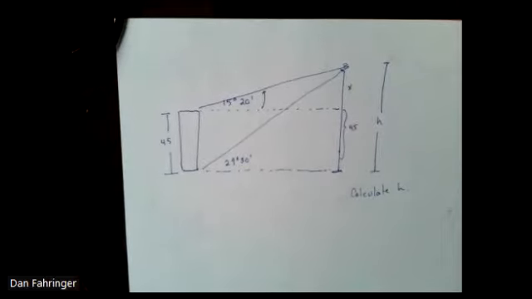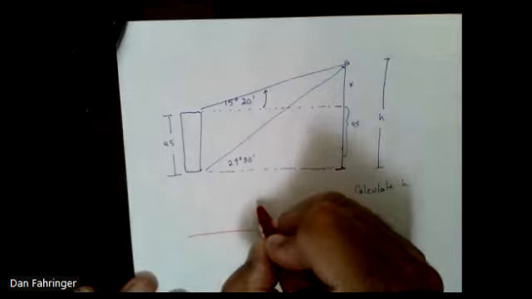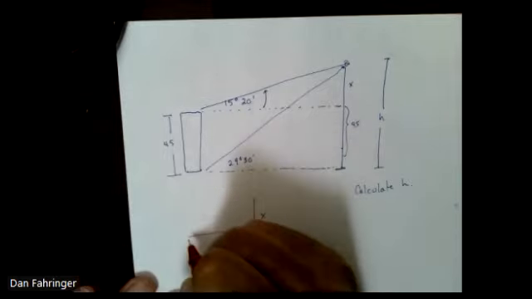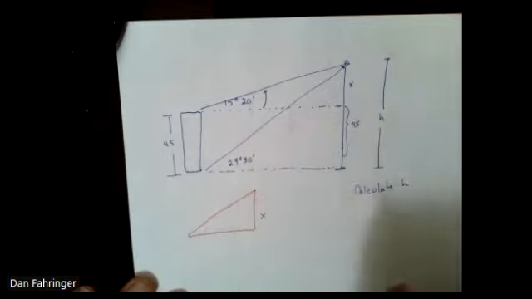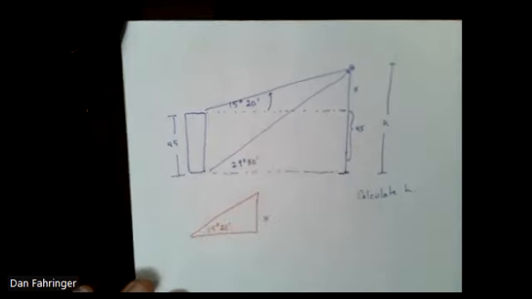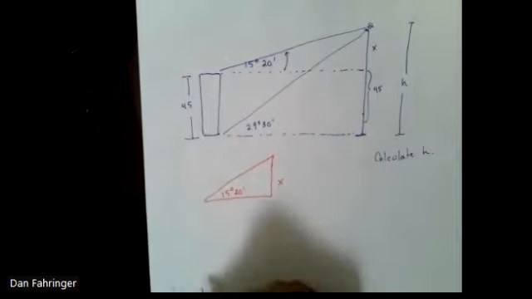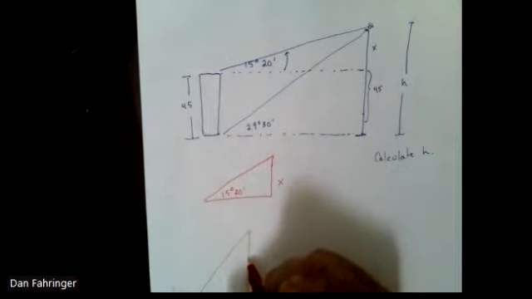So if I look at my two triangles, my top one goes something like this. I go across, I have X, which I don't know, and I have 15 degrees, 20 minutes. If I take a look at my second triangle, it's a little steeper, it goes up.